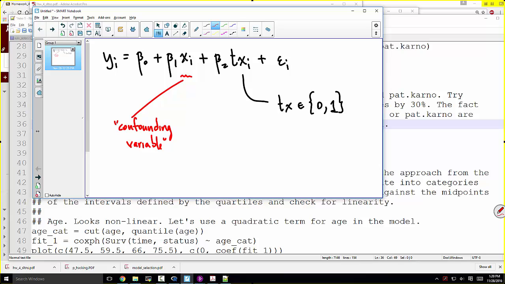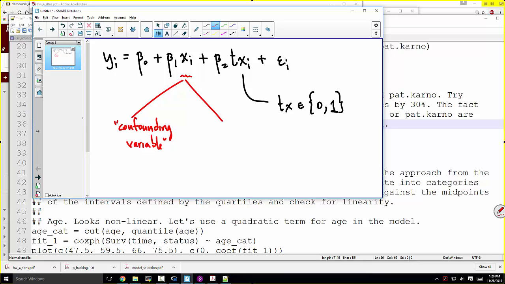It needs to be adjusted for, or your relationship of interest will be muddied, confounded. So a confounding variable, one that without it, the coefficients for the other variables in the model change substantially, needs to be adjusted for. You don't consider removing those because they are necessary to get unbiased assessments of the treatment effect in this case.